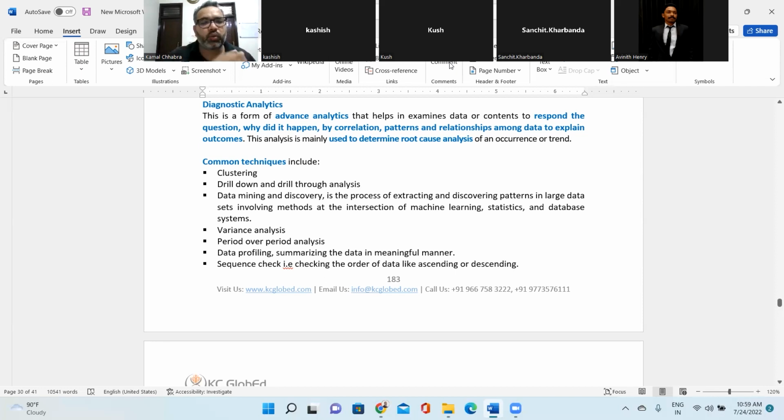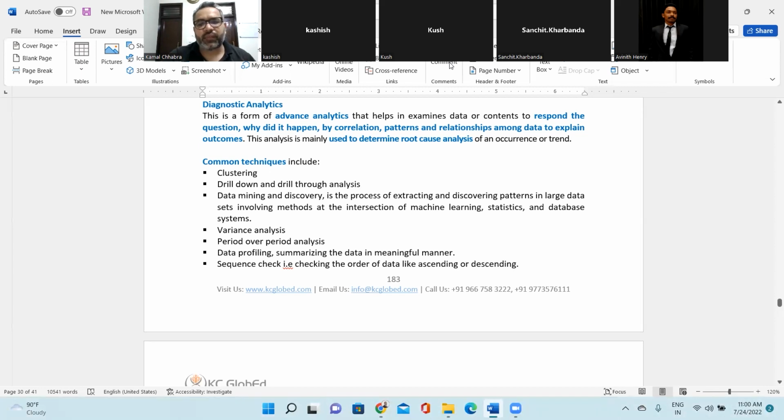You can further drill down to those two journal entries to understand who has made the entry, which account is debited, which account is credited, and who has approved this journal entry. That is called the drill down approach or drill through analysis, where you can reach the root cause of the problem, right?